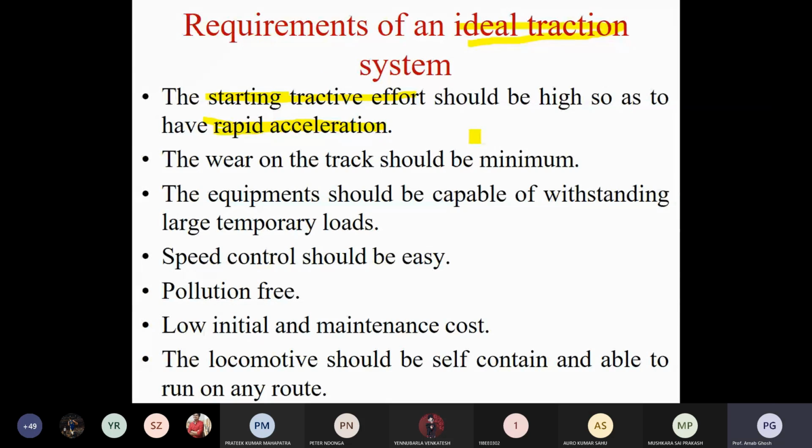There is the quadrature axis and the D axis, the same concept as your DC machines. So we use the induction motor in traction drives as per our configurations.